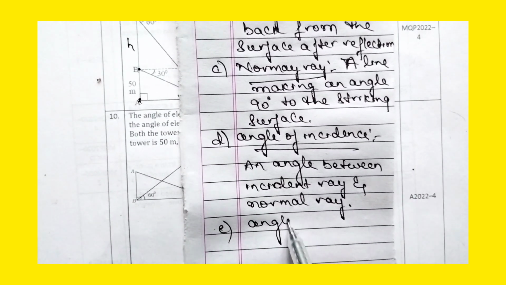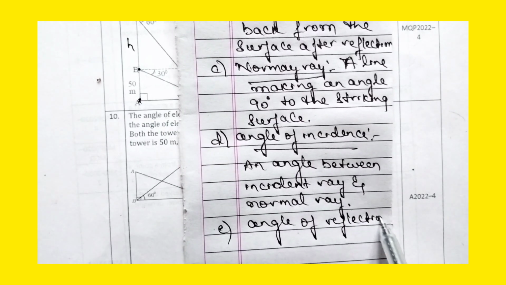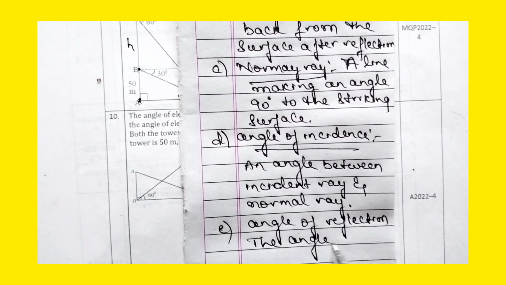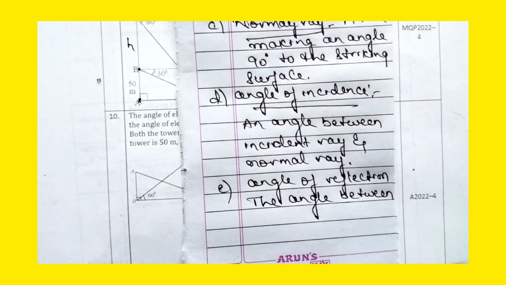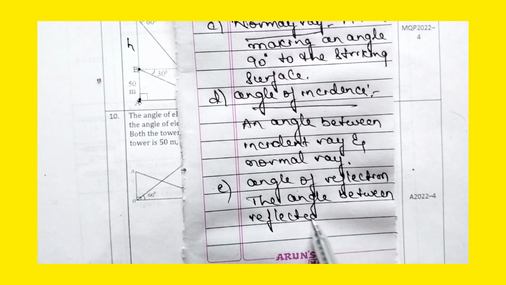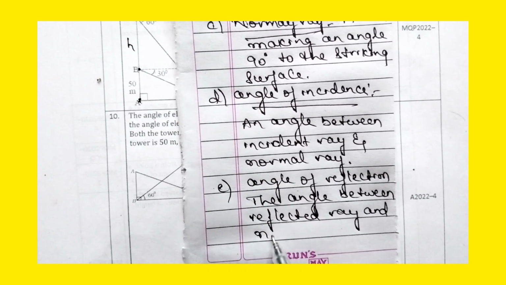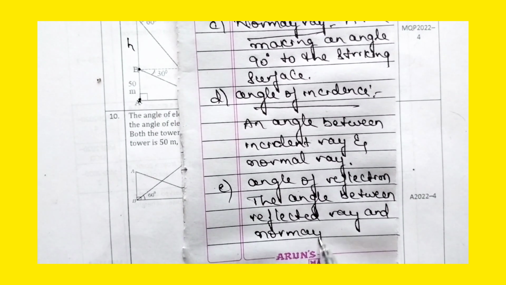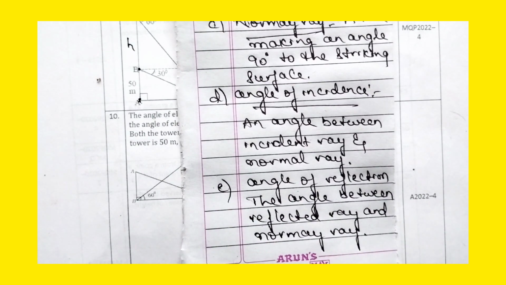Next, angle of reflection. The angle between the reflected ray and the normal ray is called the angle of reflection.